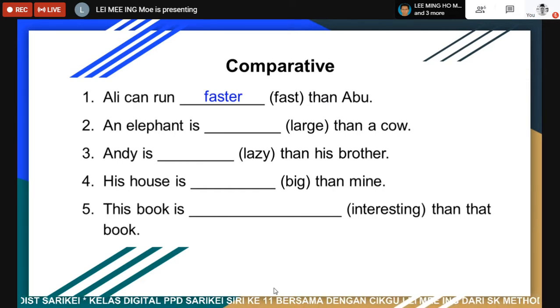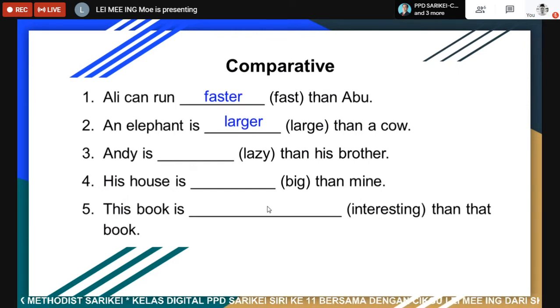Alright, the answer is larger. You have then here, so it is a comparative, and remember the last letter here is an E, so you just plus R, larger. Okay, did you get the correct answer? Well done.